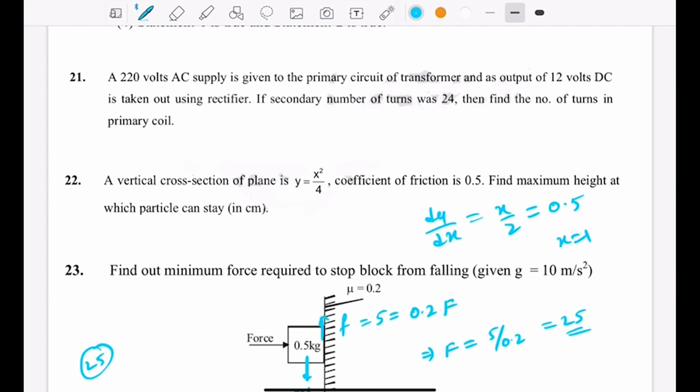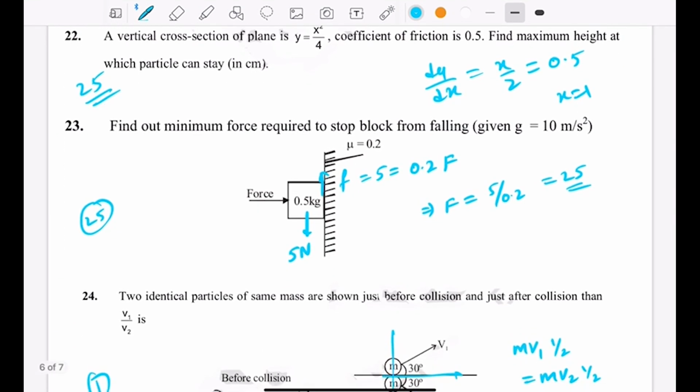So this is all we have done in SI units. He has not mentioned what x and y are in terms of. Okay, I'm getting x as 1, so y will be 1 by 4. I can take 100 by 4, 25 centimeters.